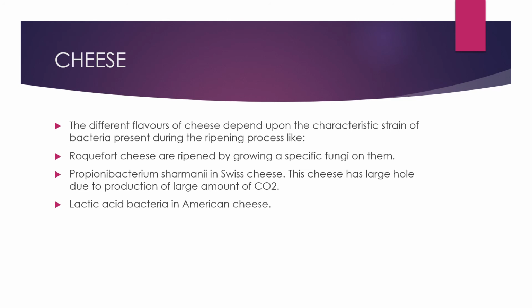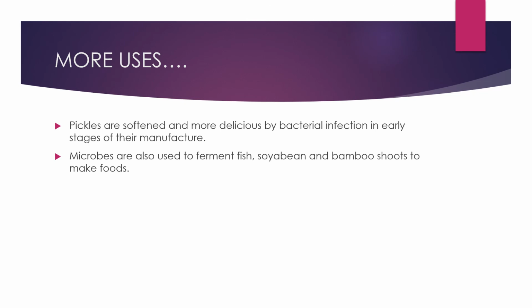Now the American cheese. This American cheese is prepared by using lactic acid bacteria. This is how different types of cheese differ, so it depends on the processing. More uses are there in our home.